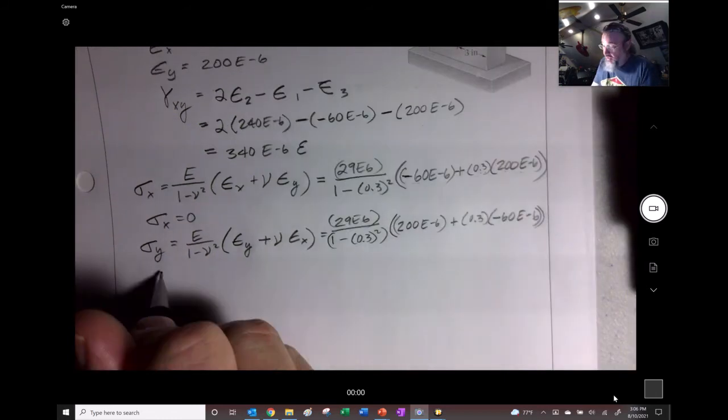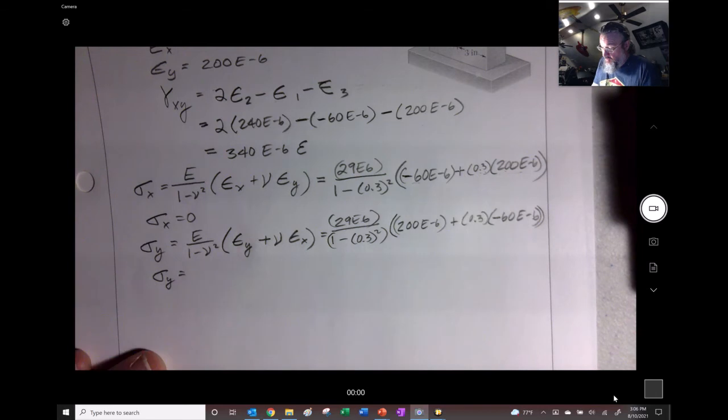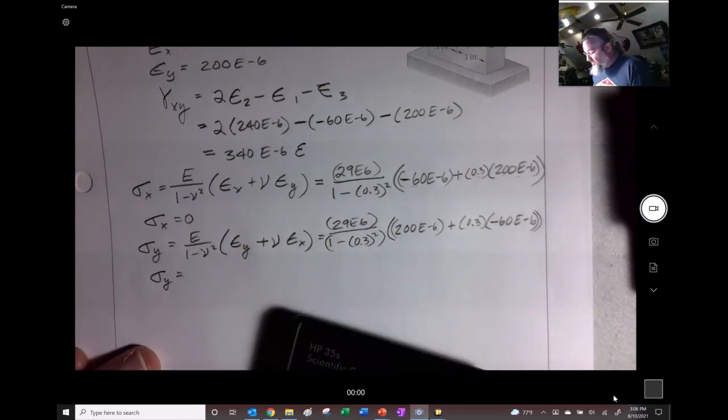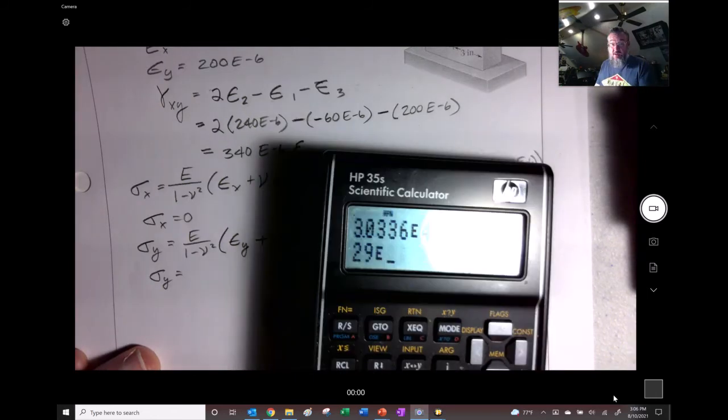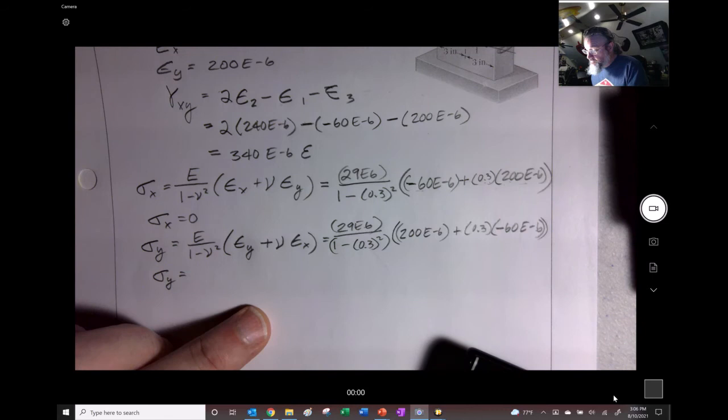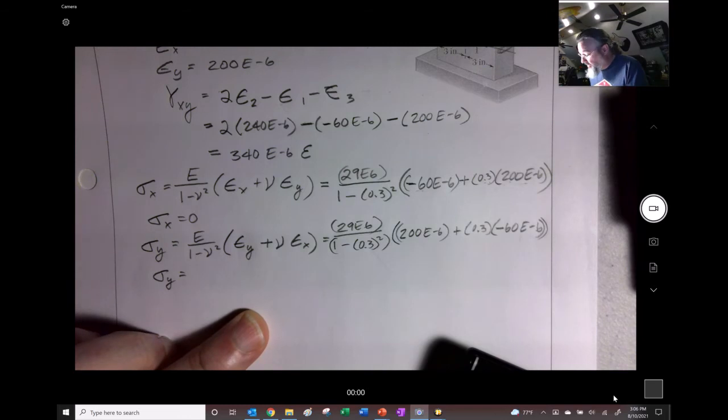And so we get the stress in the y direction is, I don't trust their numbers, so I'm going to plug this into my handy dandy Hewlett calculator, which is the best calculator type there is. You don't believe me, but I think it's true.